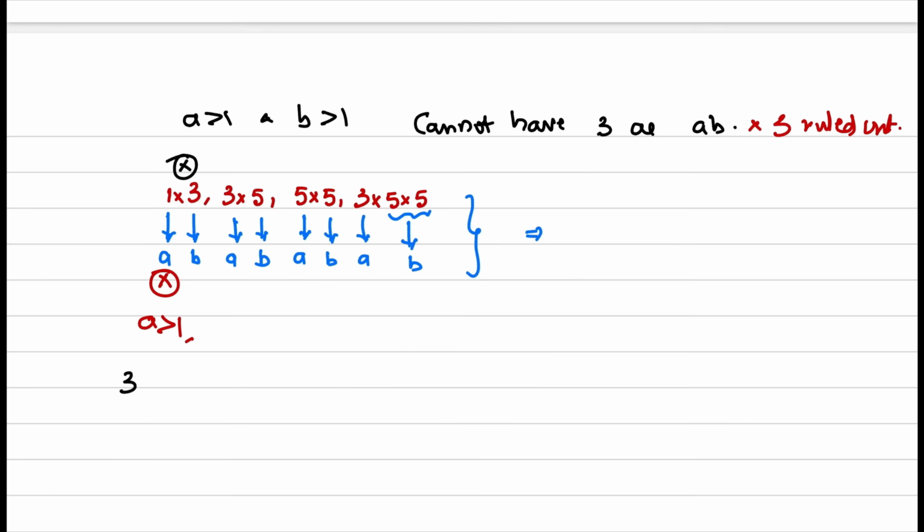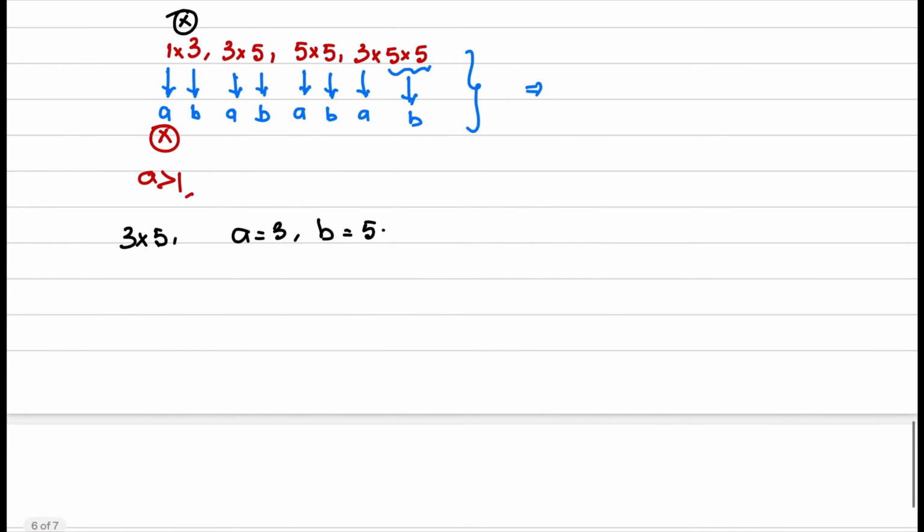Second check, 3 into 5: A is equal to 3, B is equal to 5. And there is another variable we have got in this equation, n. N is also there.